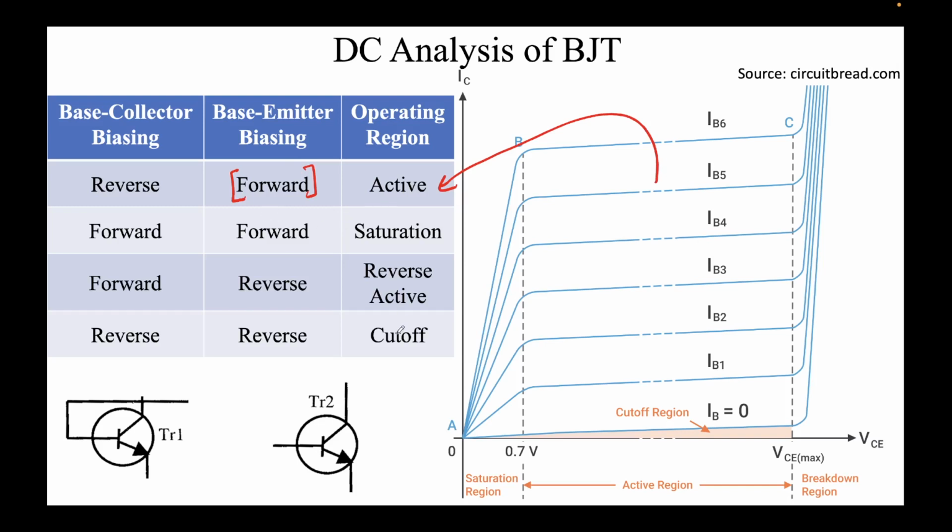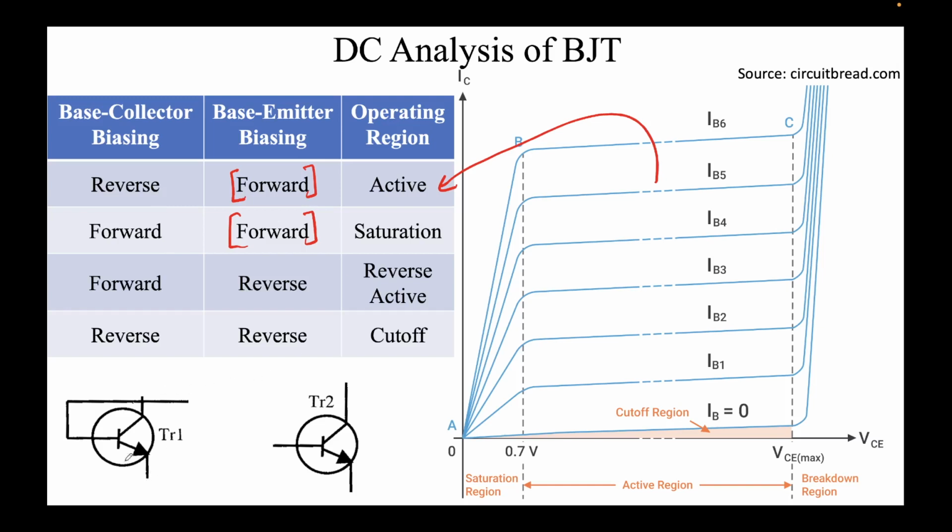So we need to identify first of all in which of these regions our transistor is operating. We know that base emitter is forward bias, so it's one of these two. But what about the base collector? Is it reverse bias or forward bias? Let's try to identify that quickly.